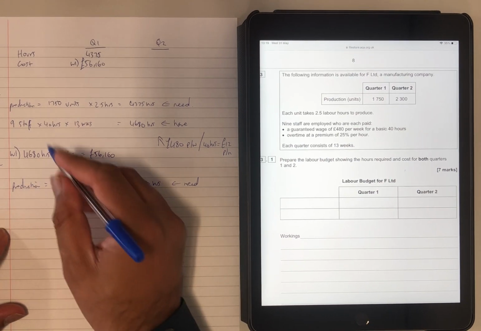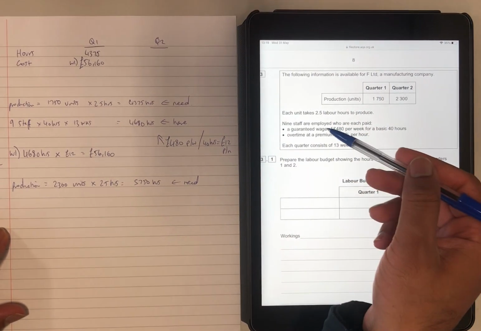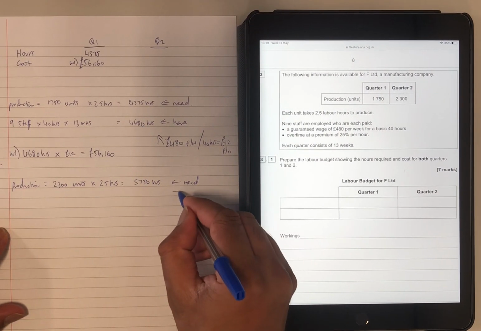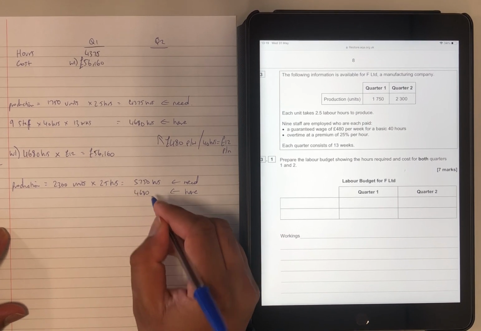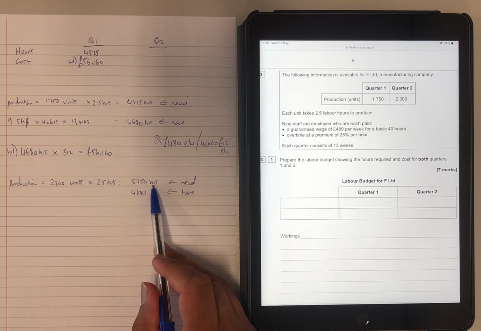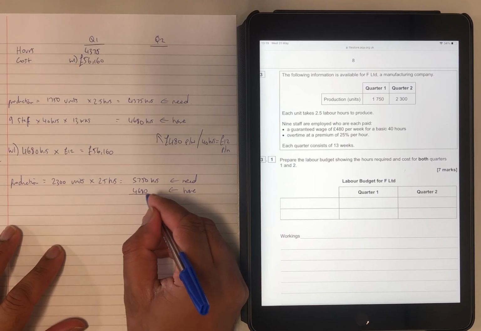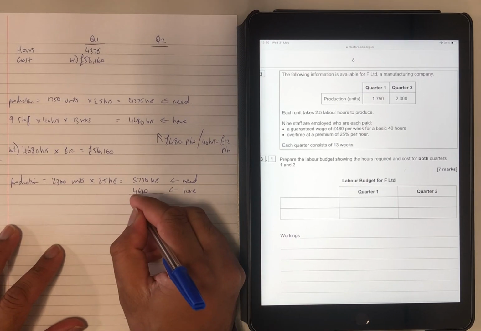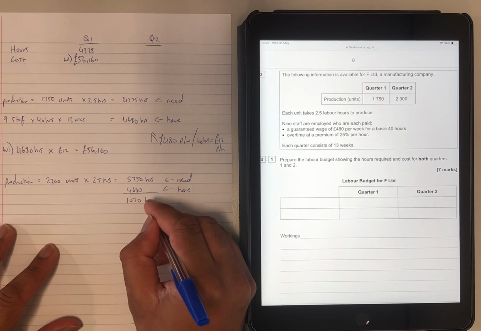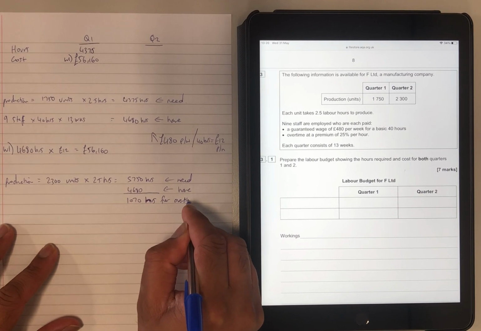What do we have? Pretty much the same, because the staff are staying the same for quarter one and quarter two. So we're going to copy this over. We have 4680. Now, if you look at this logically, we need 5750 and we only have 4680. That means we need to pay staff for overtime. 5750 minus 4680 is 1070. These are the hours for overtime.